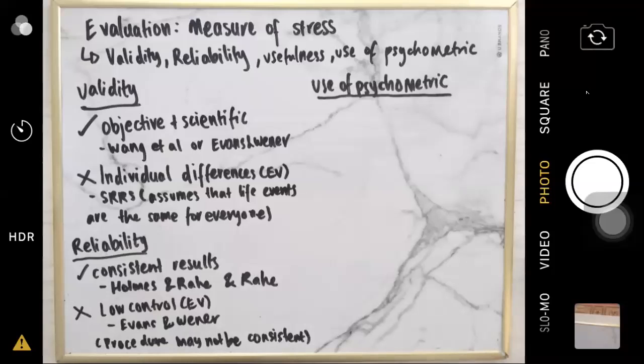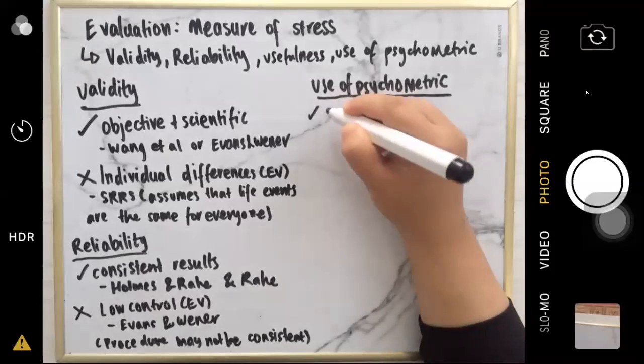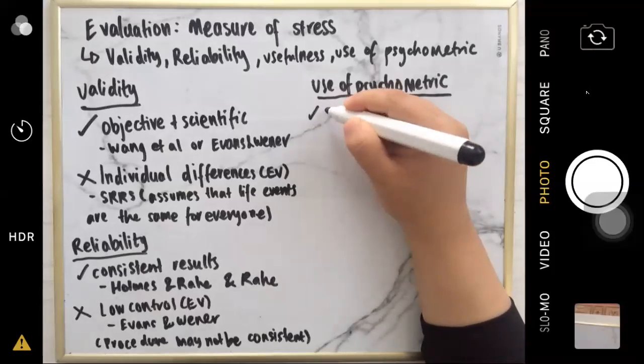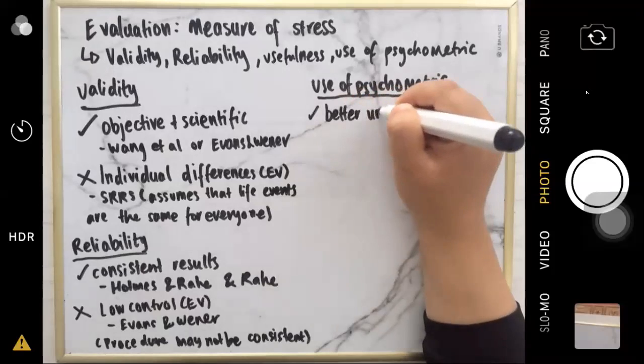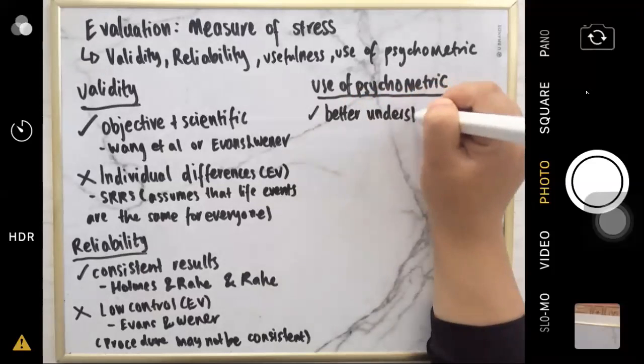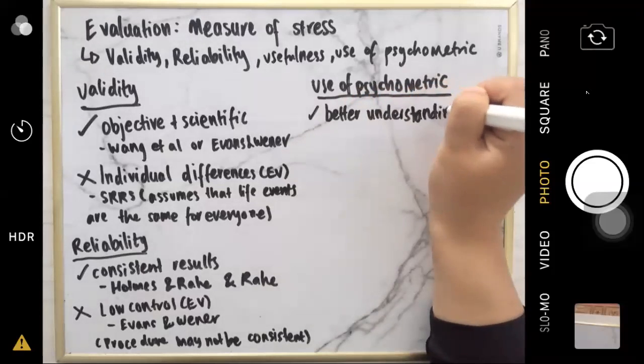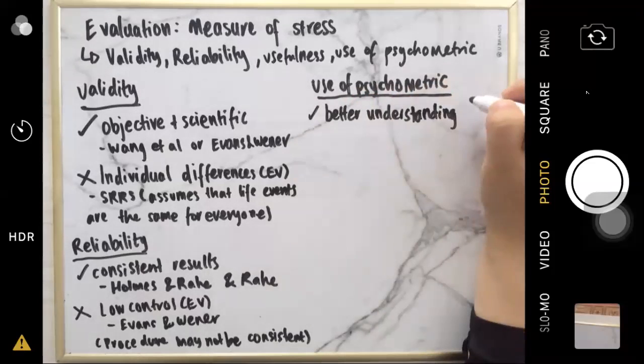A practitioner can better understand. Yes, better understand. So using self-report, we can get a better understanding of why they feel stressed out. Feelings.